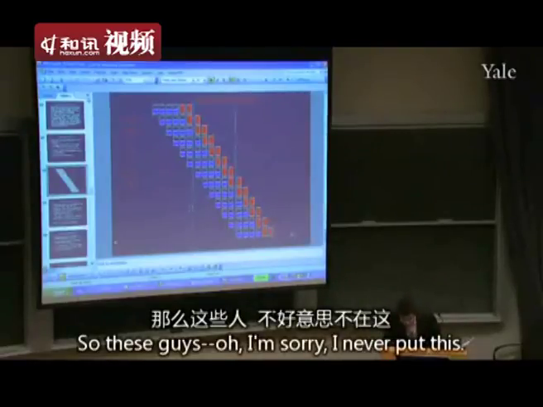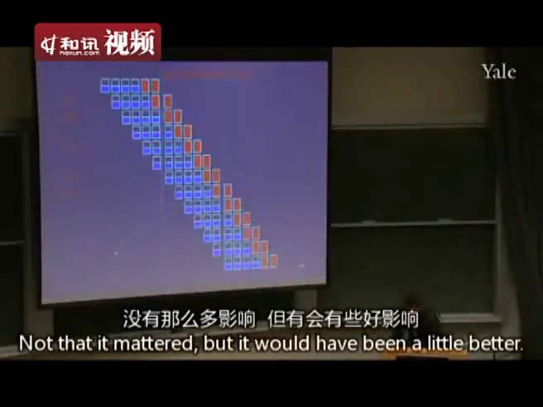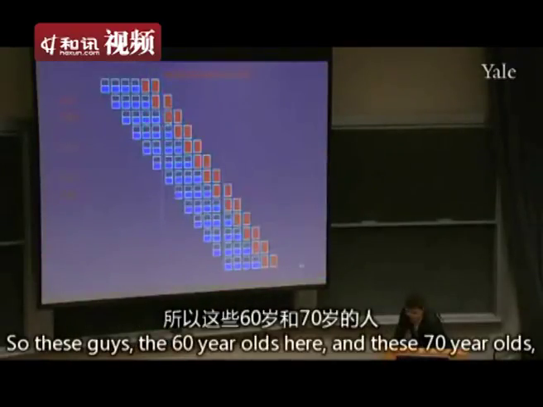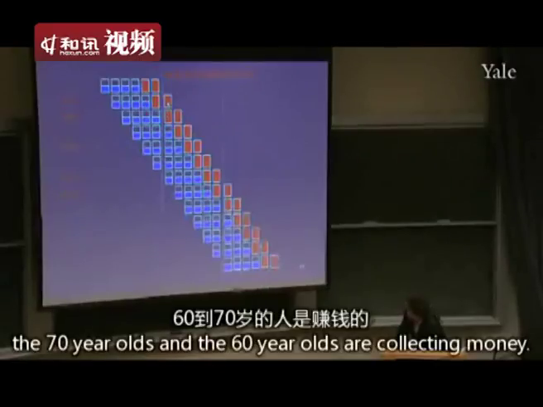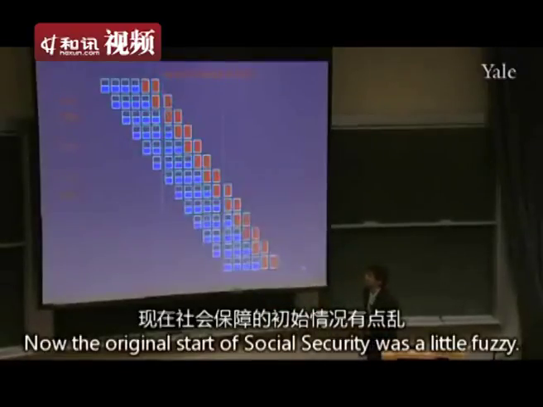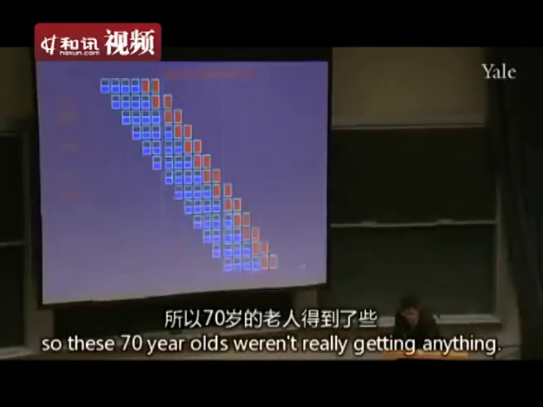So the 60-year-olds and the 70-year-olds are collecting money. Now, the original start of Social Security was a little fuzzy. They didn't want to pay people who had never contributed, so these 70-year-olds weren't really getting anything.